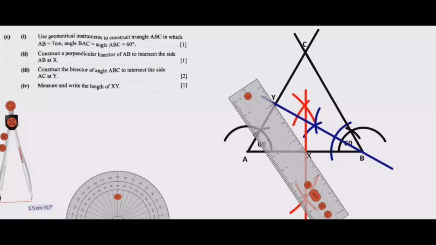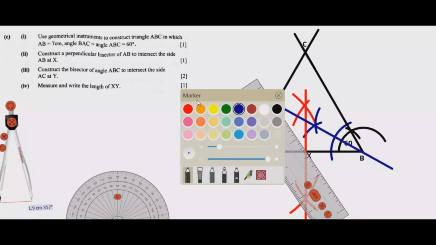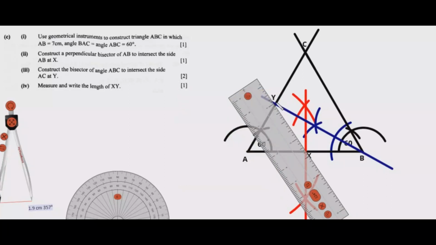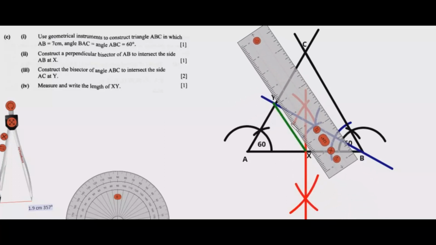I'm going to use a different color so that it's easier for us to identify the line. So this is the line X to Y. It's up to this length. So let's measure the length of X to Y.